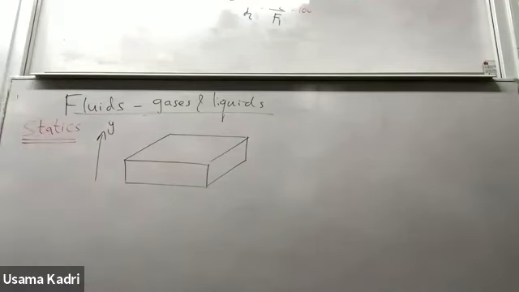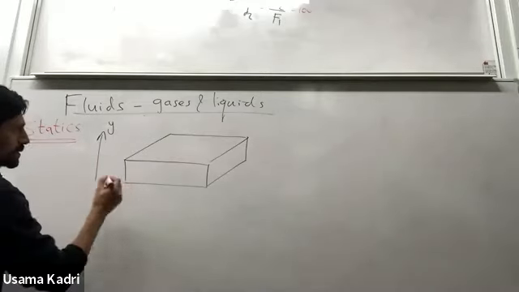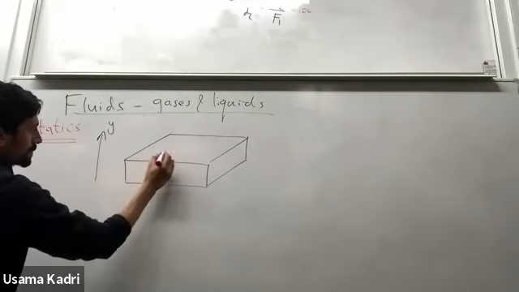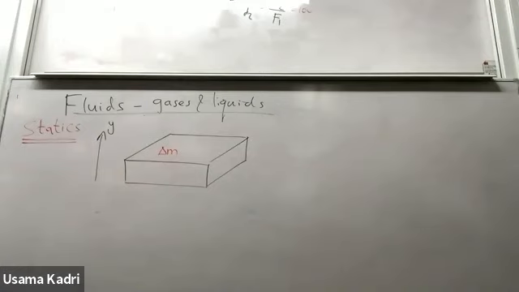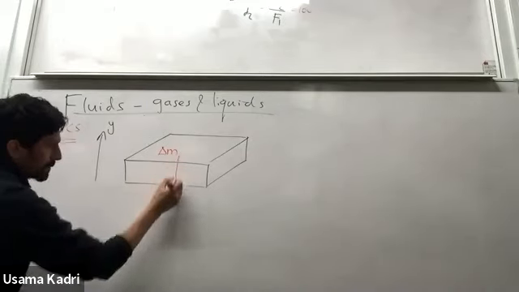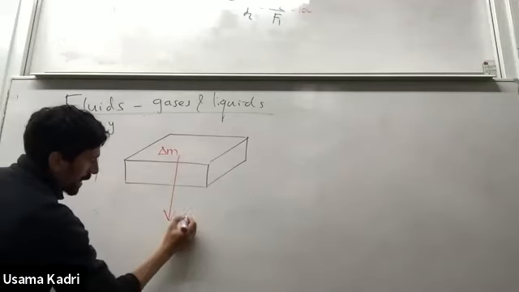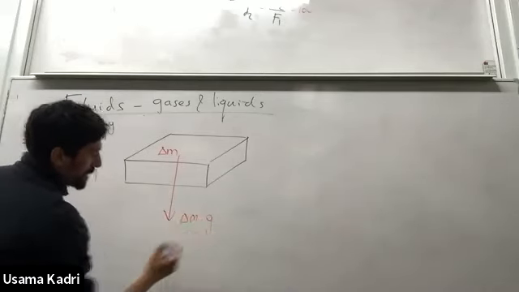That fluid element has mass m, or delta m, the small delta m. Which means the gravity force would be delta m times g.